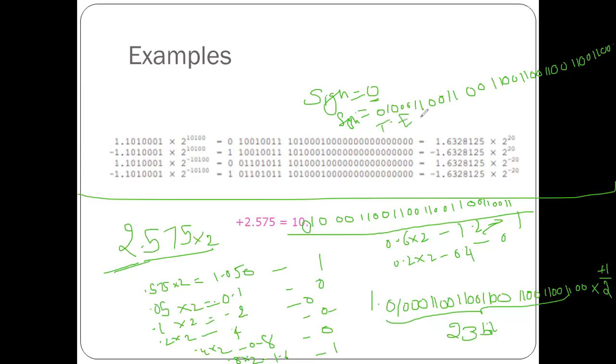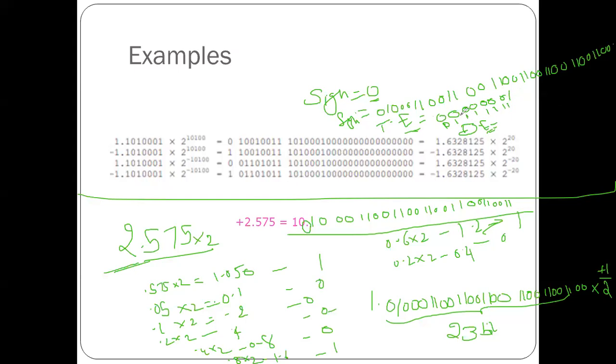Now coming to the exponent. The true exponent is plus 1, which is nothing but 0 0 0 0 0 0 0 1. And we want the biased exponent to be stored in your 32-bit format. So you need to add 127 to the true exponent to get the biased exponent. 127 is 7 ones, with a 0 in front.